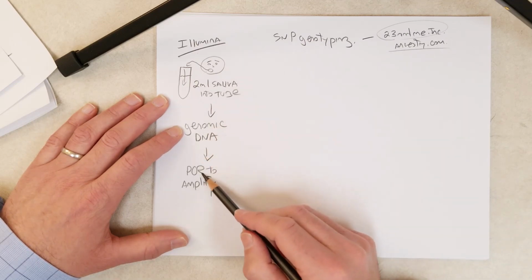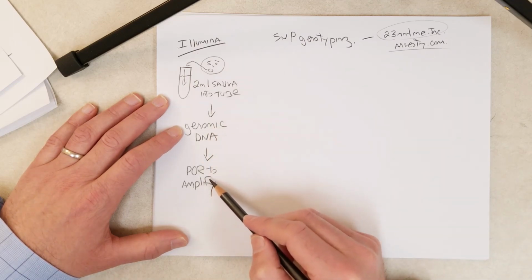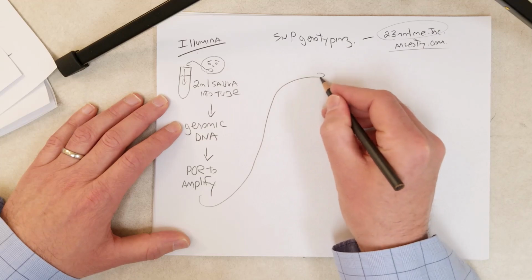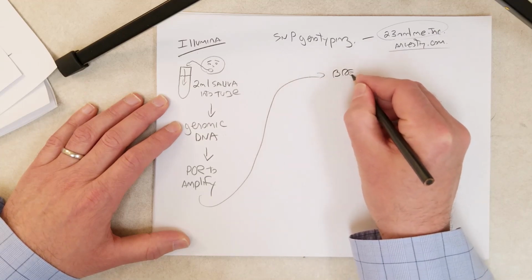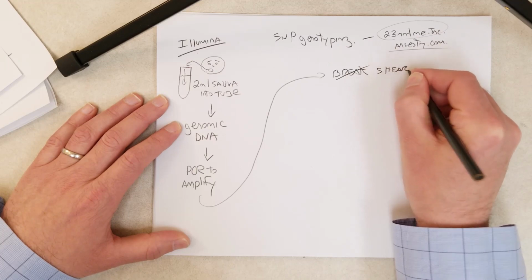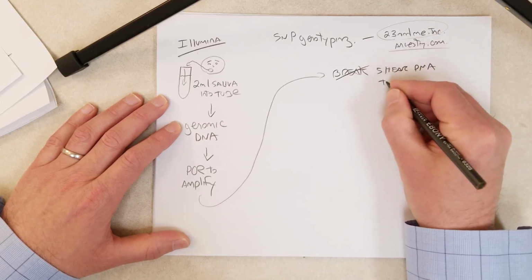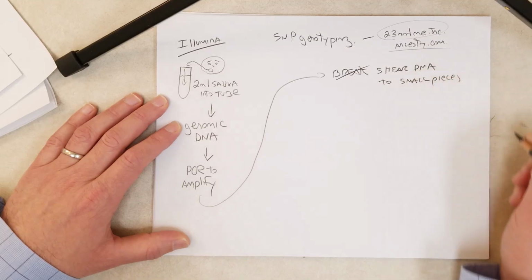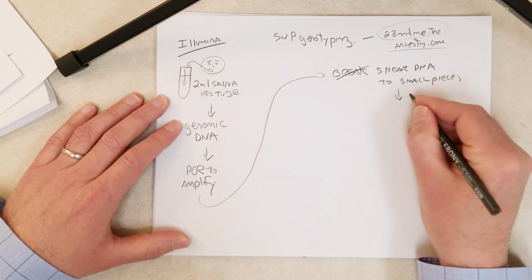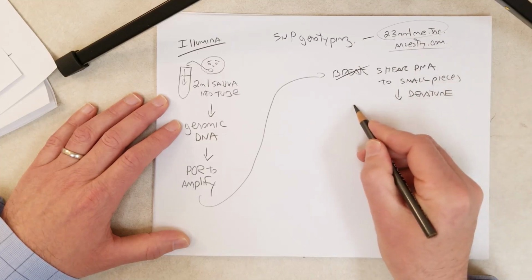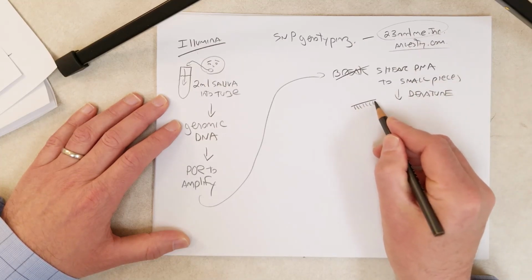So they use PCR to make many copies of all the genomic DNA in the sample, and then they shear the DNA into small pieces, and then they denature the DNA, and by now we know what denature means, right? Making all the double-stranded pieces single-stranded.